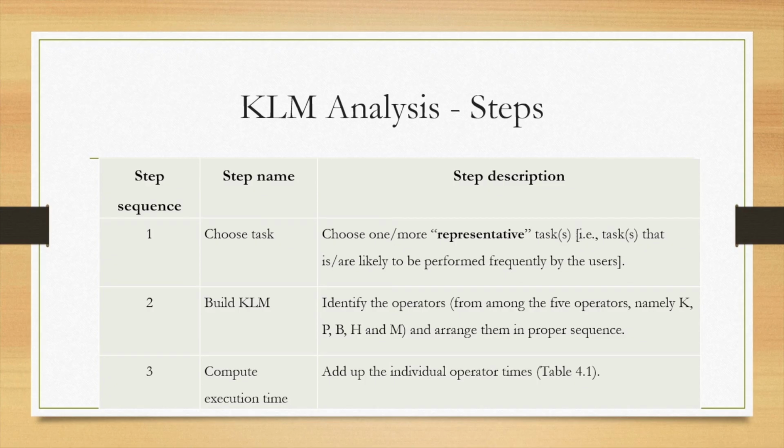So, these 5 operators are K, P, B, H and M, and we need to arrange them in proper sequence. That is the second step in the model building and analysis process.